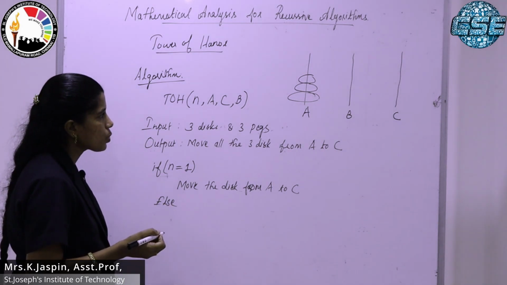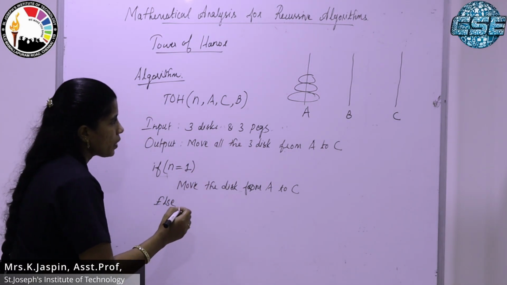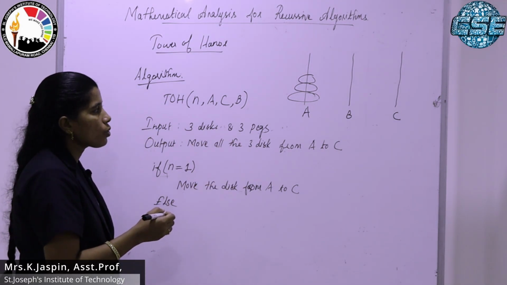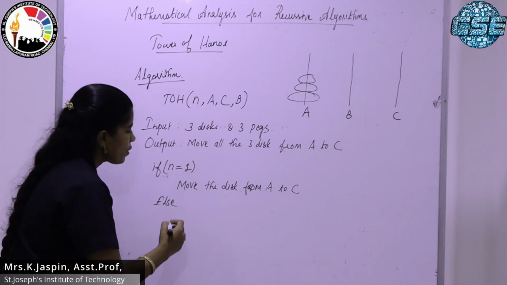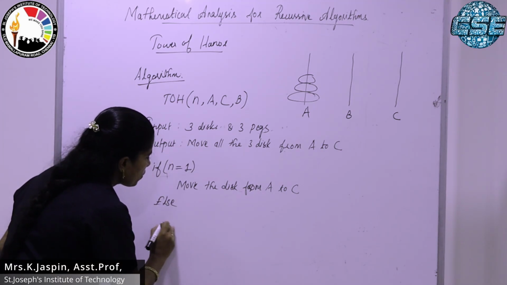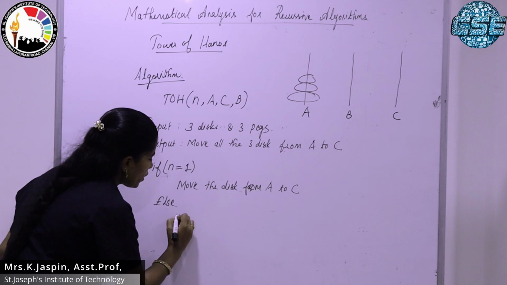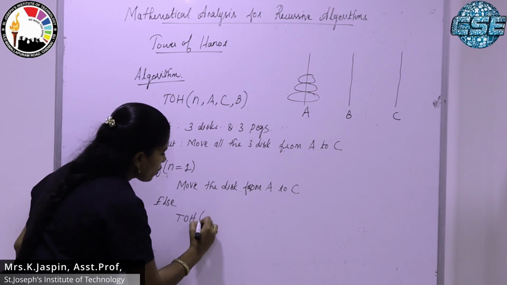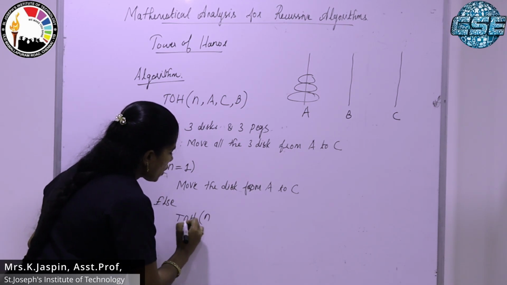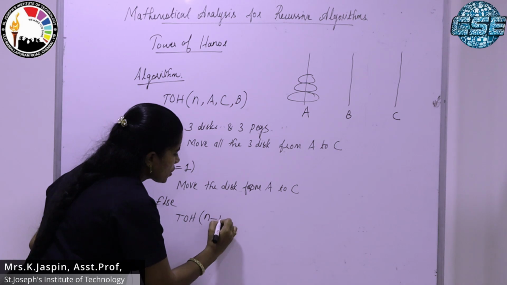1 number of disks to the intermediate pillar, and finally we move those disks to the final destination pillar. So in the else part, we call the Tower of Hanoi function with n minus 1.